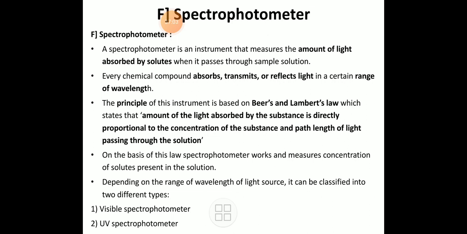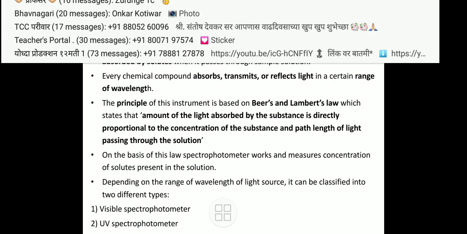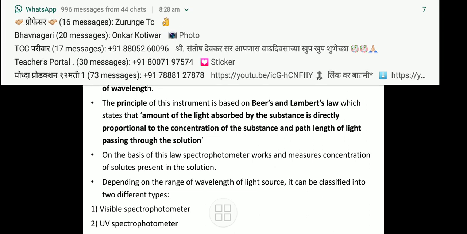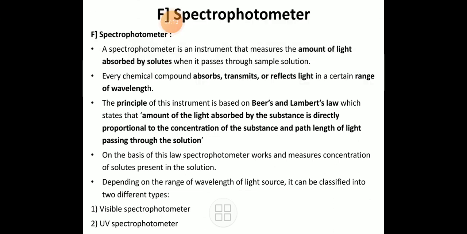So this is the simple principle used here. Every chemical compound absorbs the transmitted light. A very interesting thing you have to keep in mind: every chemical compound absorbs, transmits or reflects light in a certain range of wavelength.